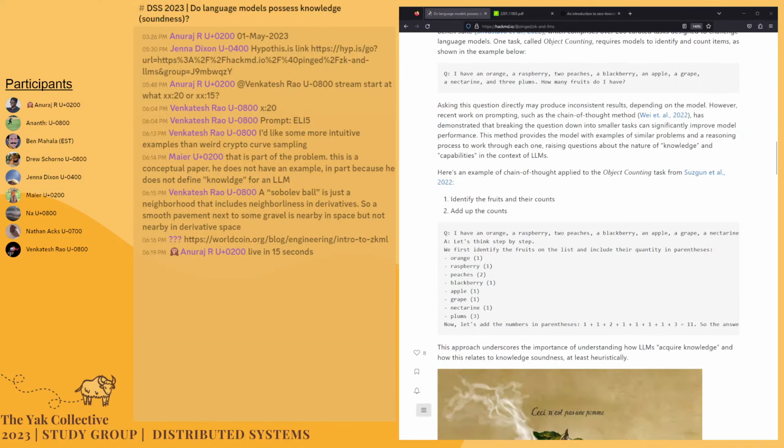Well, I read somebody's paper which explained why that is. He said if ChatGPT is always predicting forward, it has difficulty adding numbers. But if you tell it to first count the numbers and then add them together, it can do that without a problem. So it's not a question of knowledge. In other words, if I take ChatGPT and give it this sentence, does it know how many fruits I have? That's not the question.